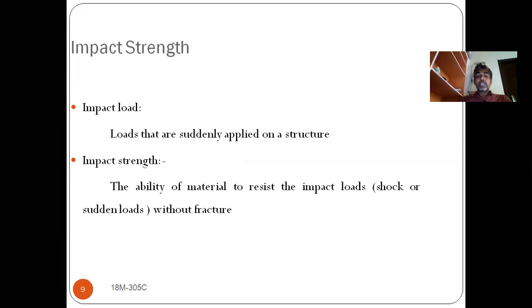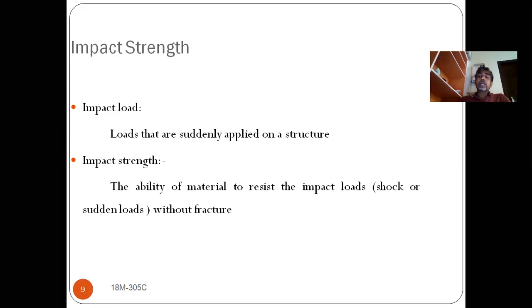So when you apply shock or sudden loads, it is called impact load. And if the material is able to withstand that shock or sudden load, then we can call it impact strength. So first we have to understand what is meant by impact load, and later what is meant by impact strength.